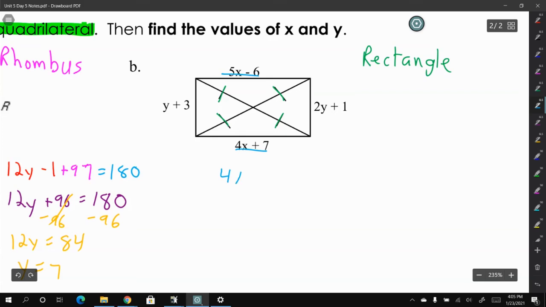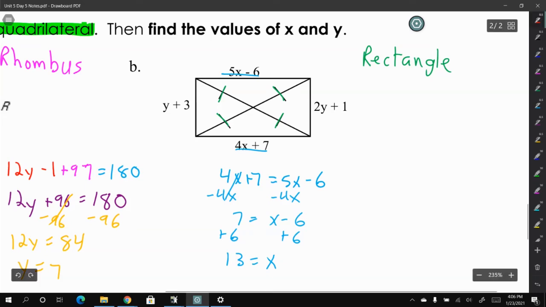So 4x plus 7 equals 5x minus 6, and we'll solve that. Let's subtract 4x from both sides. 7 equals x minus 6. Add 6 to both sides, and 13 is equal to x.